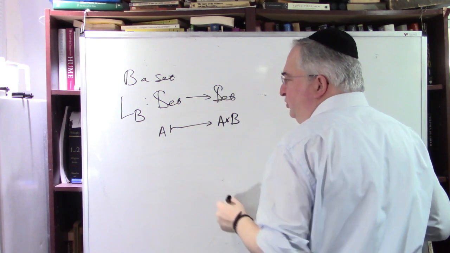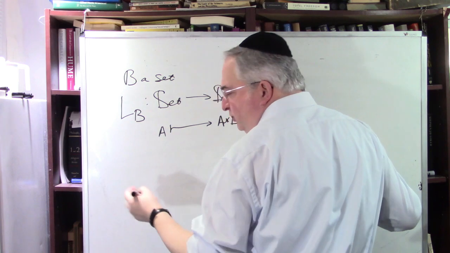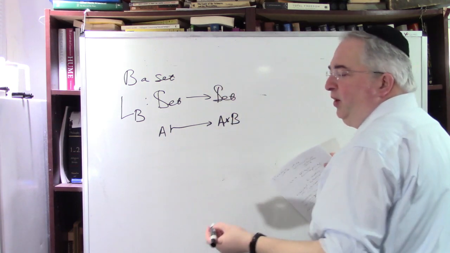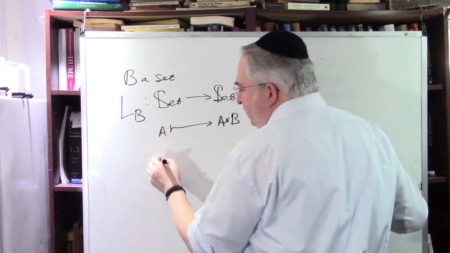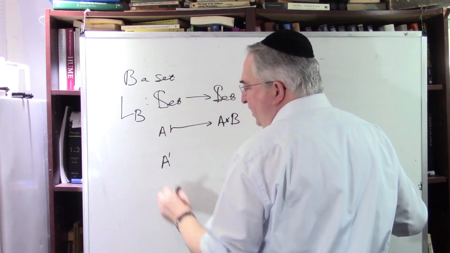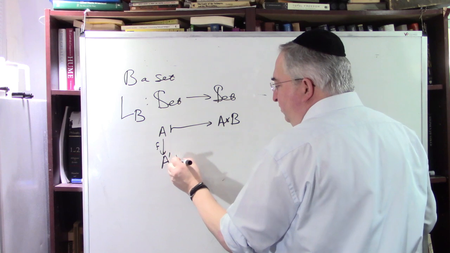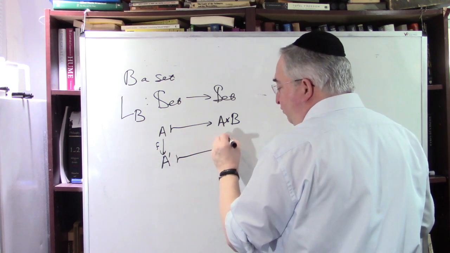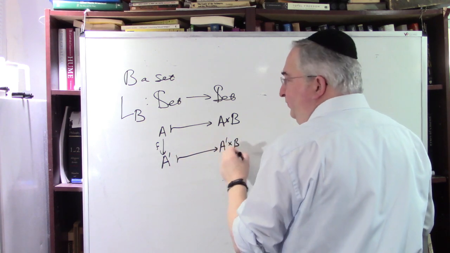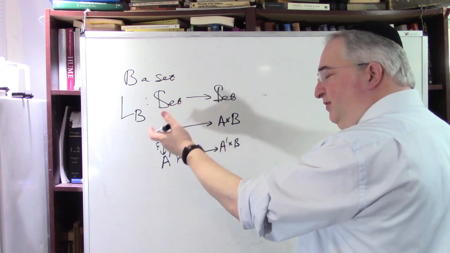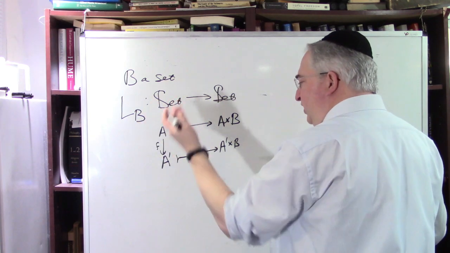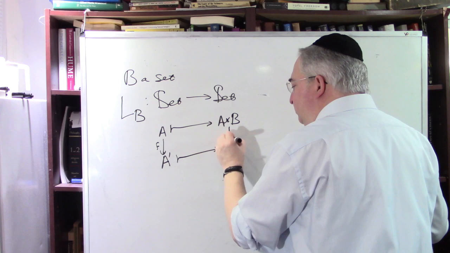Okay, great. What does it do on morphisms? You always have to do this. Whenever you talk about a functor, you have to say what it does on objects, and what it does on morphisms. So take another set A prime, and a function f from A to A prime. Well, A is going to go to A prime cross B. This functor depends on B. It always just takes the product with that. Well, what will this morphism be?